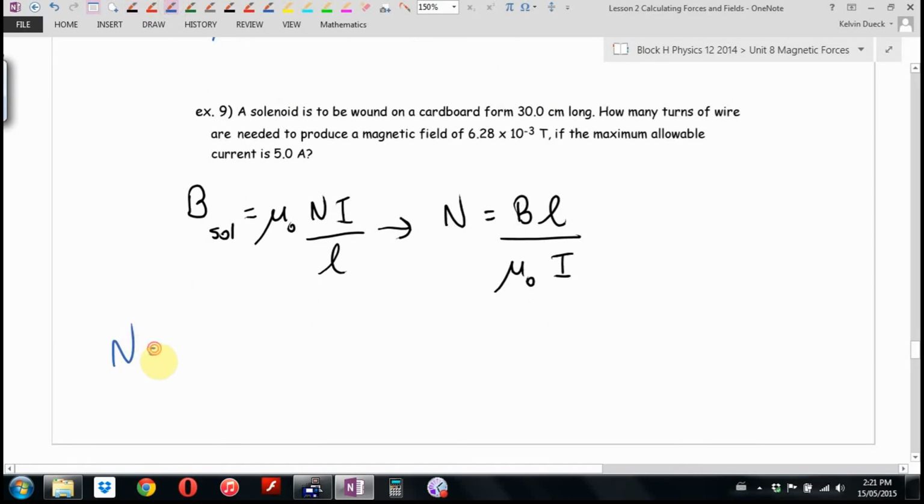The number of turns, and I think this is going to work out nearly evenly. I tried to make it do so. It's going to be 6.28 times 10 to the negative 3 Teslas. The length is, careful, don't write 30, 0.3. 4 pi times 10 to the negative 7. Current 5 amps.